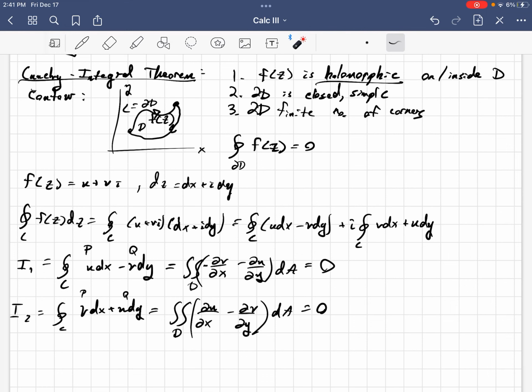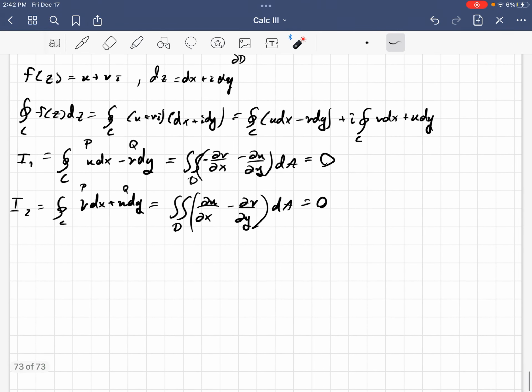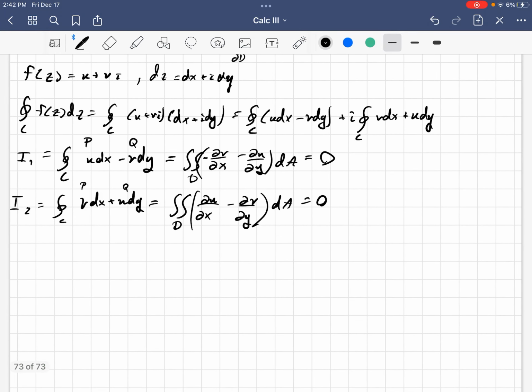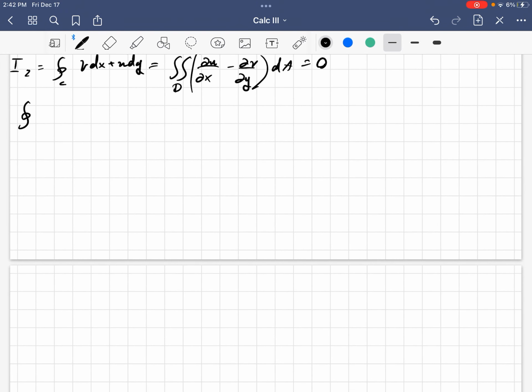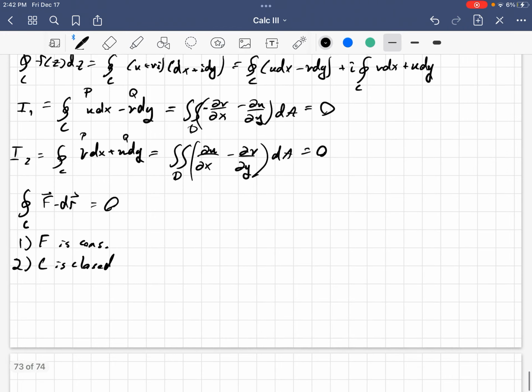Now, I just want to say a couple things about the parallels here to what you would learn in a standard Calc 3 class, right? If we're taking the line integral over C of F dot dr, and F is conservative, and C is closed, then that line integral is 0.